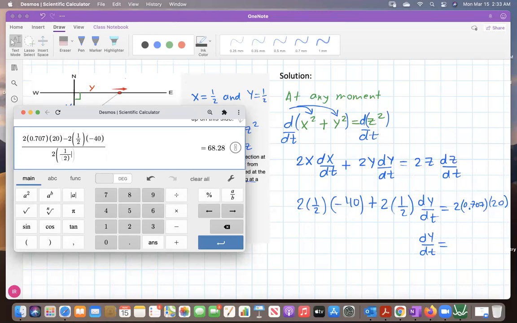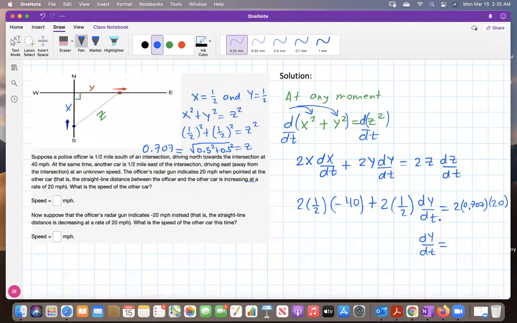This, guys, is going to give you the answer to this. 68.28, right? With a fairly good level of accuracy, 68.28, okay? So let's write it out, 68.28. And in the end, you may attach the units, miles per hour, right? You don't have to carry them along the process. That's it. This answers the first question, right?